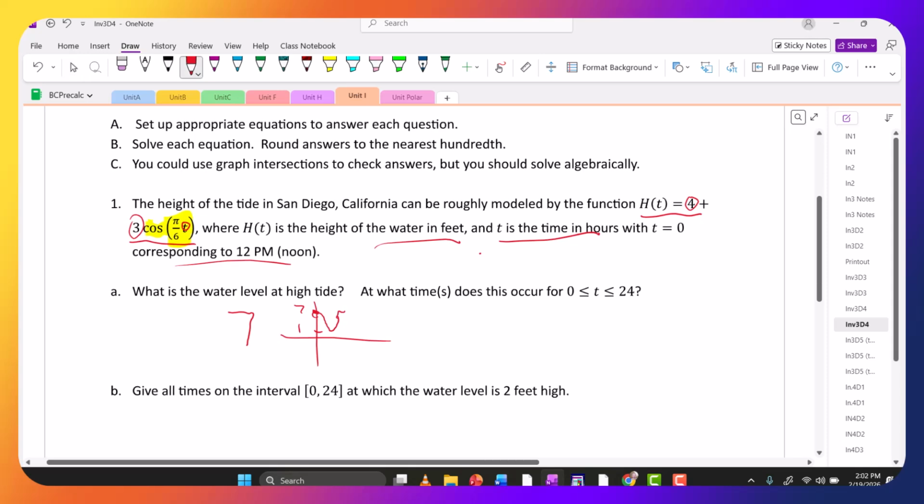All right, and then this happens at 12 hours. And then why did I know that? I think I'm thinking about what I did with the other class. Oh, I'm a maroon. I didn't find the period, and I did know that. 2 pi over 6 equals 12. That's why I knew it was at 12.